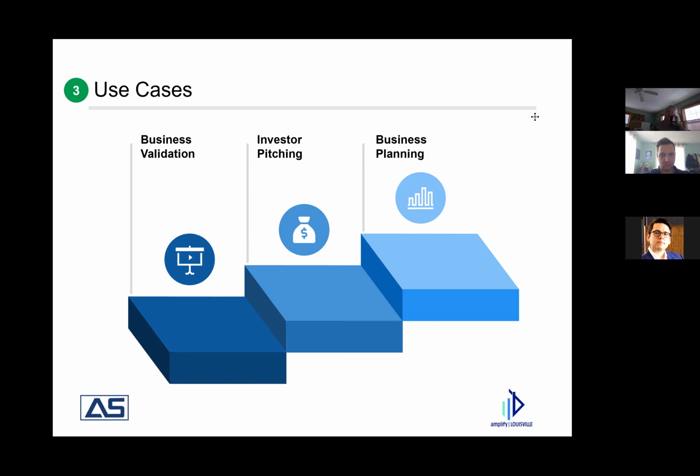Investor pitching, obviously, is the one that gets the most attention. It's definitely the shiniest thing in the shop. But it's not overrated, because so many startups and so much growth is dependent on the amount of capital you can deploy.